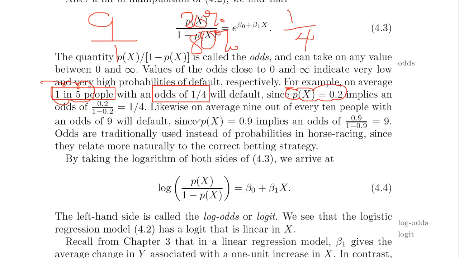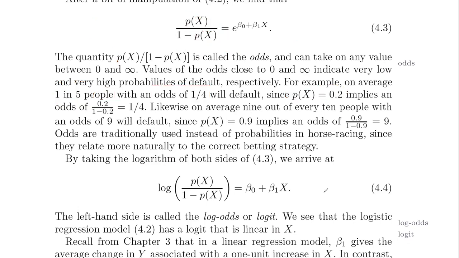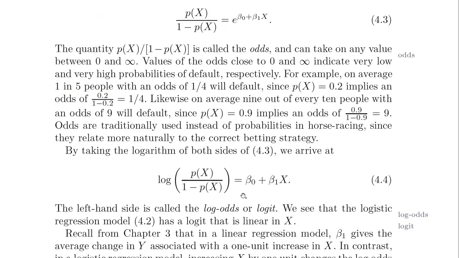Odds are traditionally used instead of probabilities in horse racing, since they relate more naturally to the correct betting strategy. I definitely think I can improve on my own personal understanding of what odds are, but please just think of it, for the time being at least, as the probability of default relative to the probability of no default.